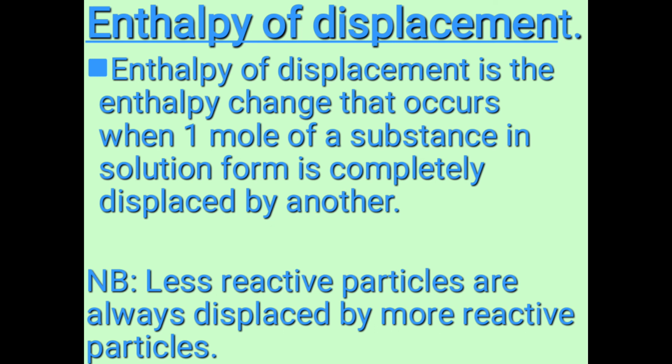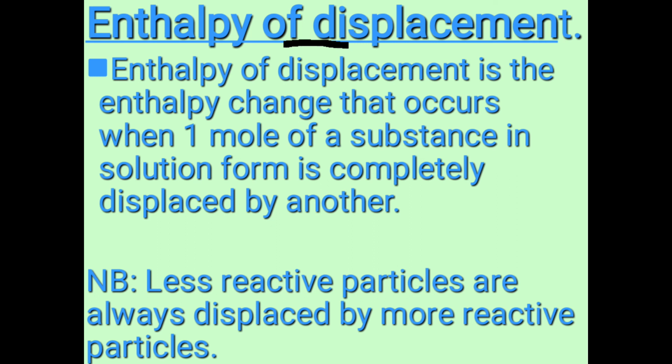So now we come to this term, enthalpy of displacement. When substances are displaced from their solution, there is some heat energy produced. That heat energy that is produced when substances are displaced from their solutions, we call enthalpy of displacement.